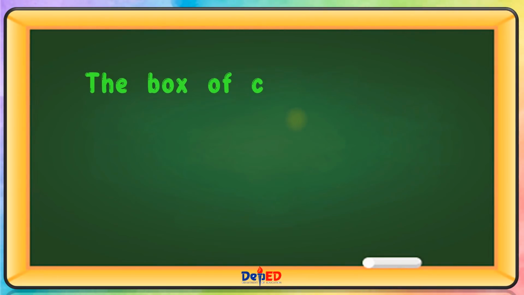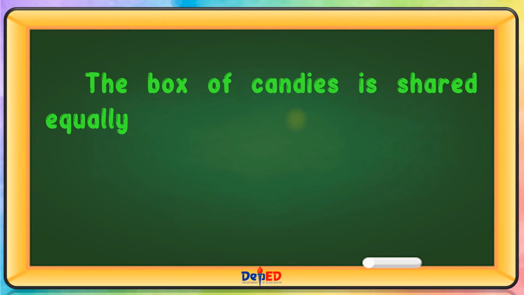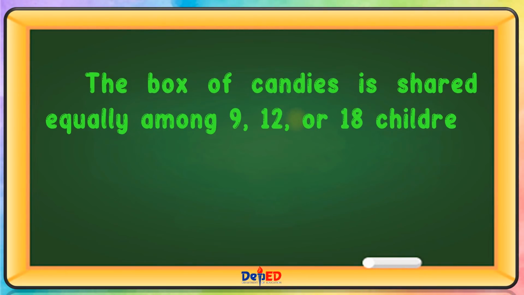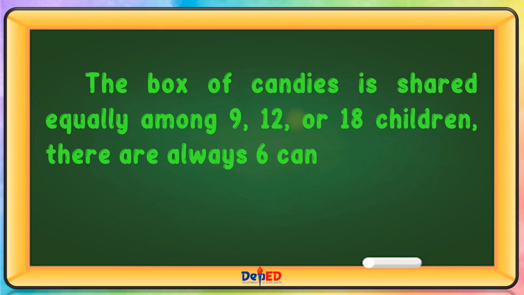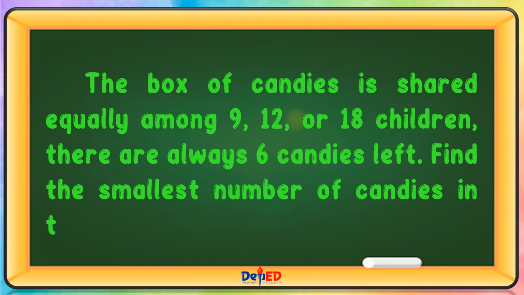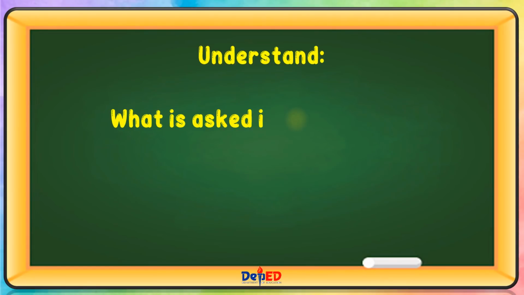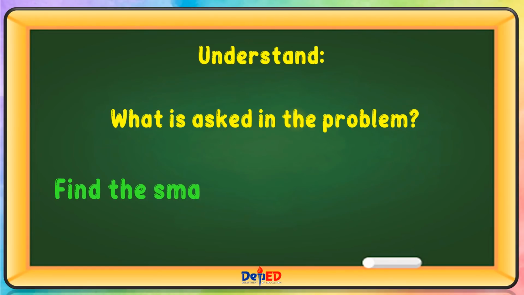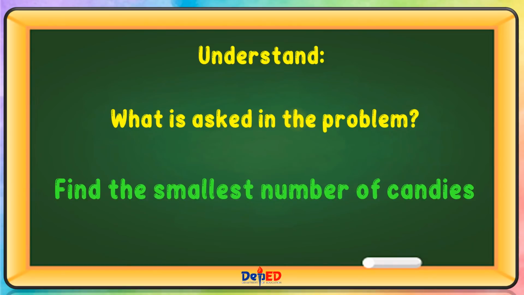A box of candies is shared equally among 9, 12, or 18 children. There are always 6 candies left. Find the smallest number of candies in the box. Let us understand what is asked in the problem. Find the smallest number of candies in the box.